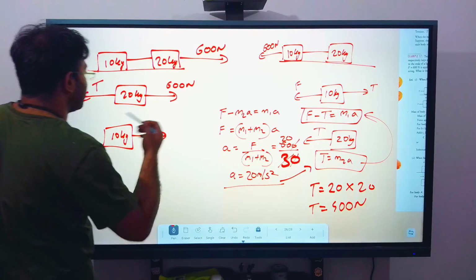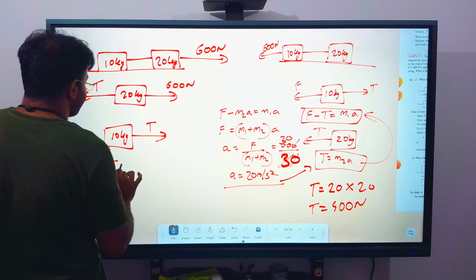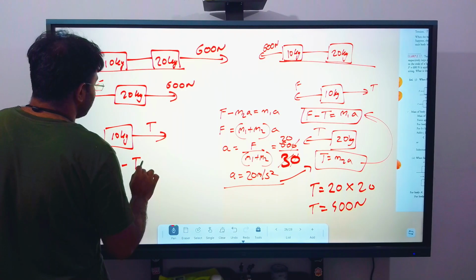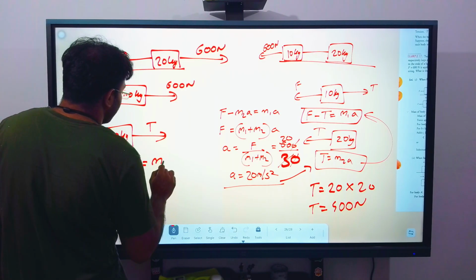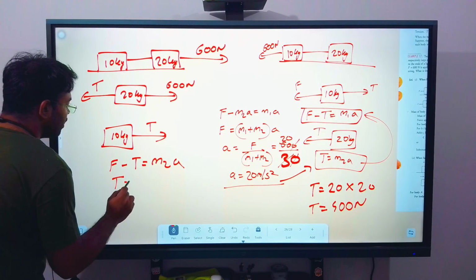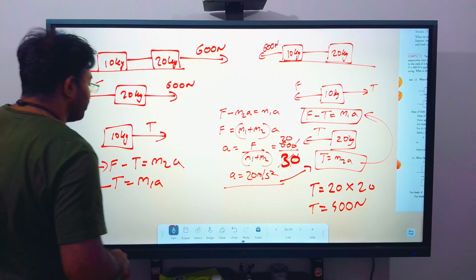Okay, so again you do the same process here. F minus T is equal to M2 into A, and similarly T is equal to M1 into A. You put this in this formula, what do you get?